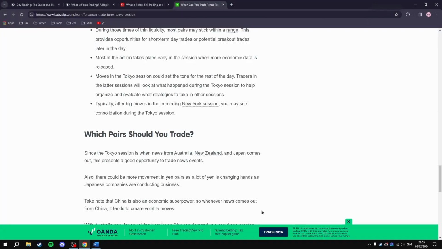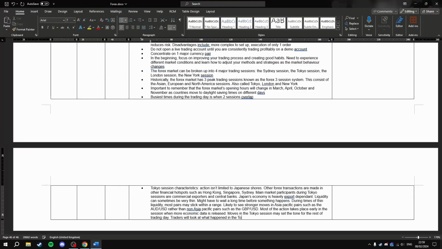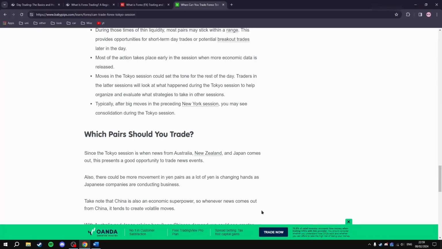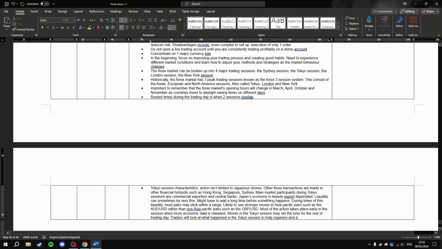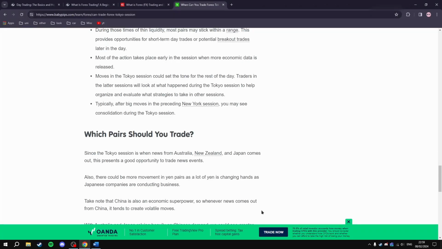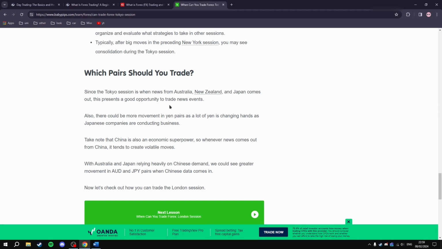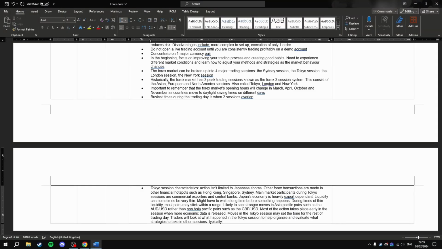Typically, after seeing big moves in the preceding New York session, you may see consolidation in the Tokyo session.